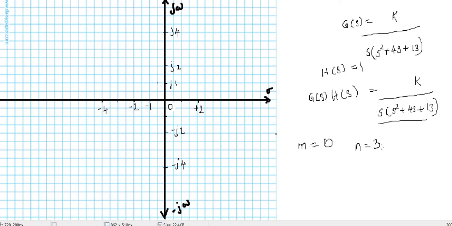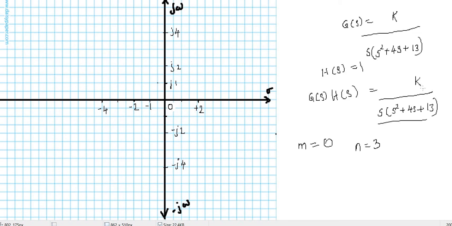So the total number of open loop poles is 3 and open loop zeros m is equal to 0, because there is only gain K in the numerator and this gain K is the varying parameter. So we are plotting the root locus by varying the gain, or the root locus is the locus of roots when the gain K varies from 0 to infinity.